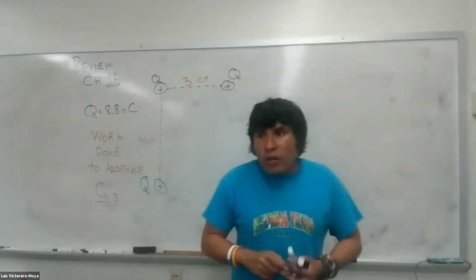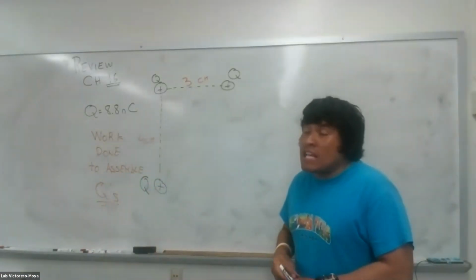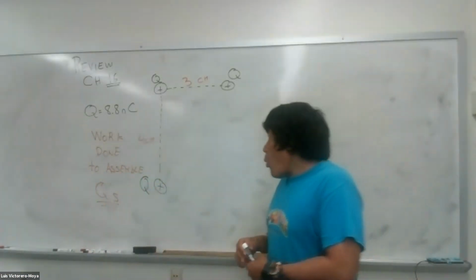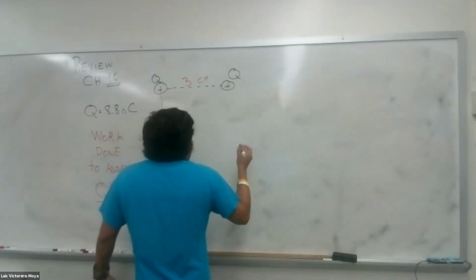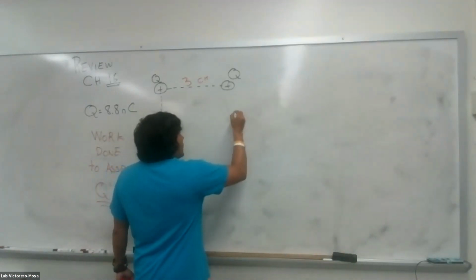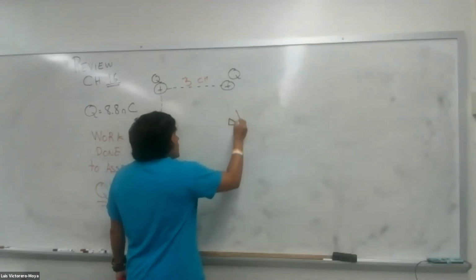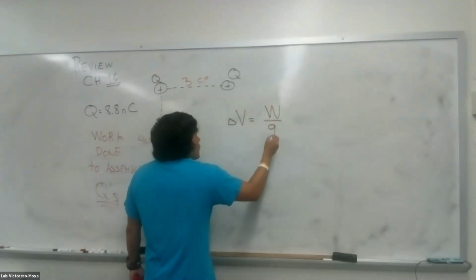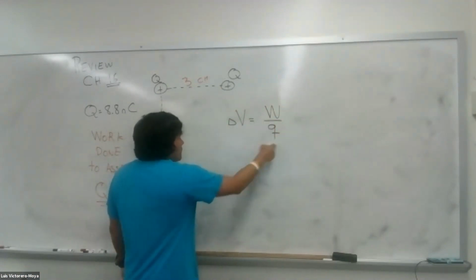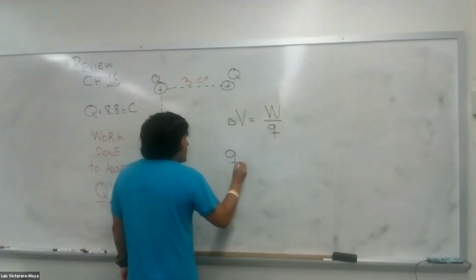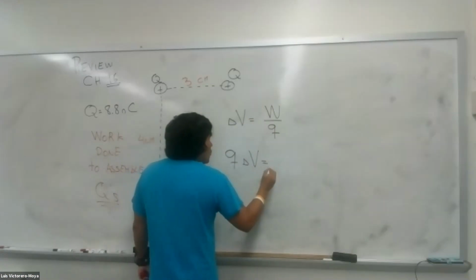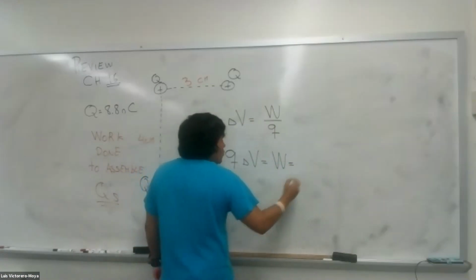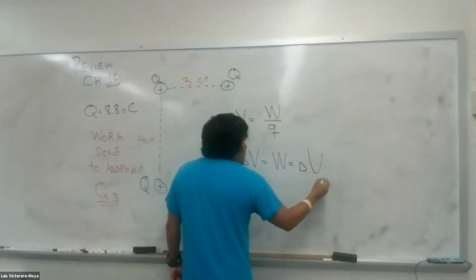Work is another way to express the energy, right? Remember, guys, the electric potential is equal to the work done to move a charge from one potential to another. So Q delta V is equal to work, which is equal to what? The change in electric energy.